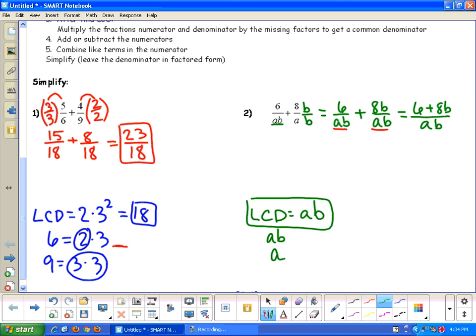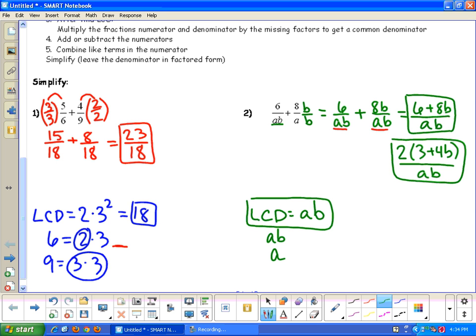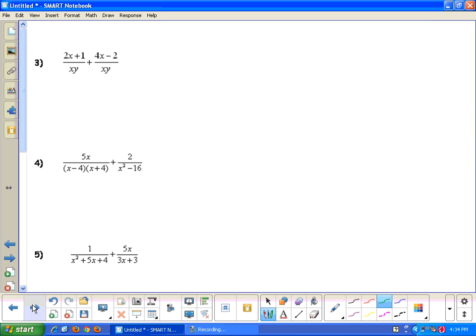The numerator you can factor out a 2, which would be 2 times 3 plus 4b over ab. And nothing simplifies there, so I'm going to leave this as my solution for right now. Technically, this would be my answer though, because nothing simplifies, but we can factor that, and since nothing factors out, that would be it. So let's go to the next problem.